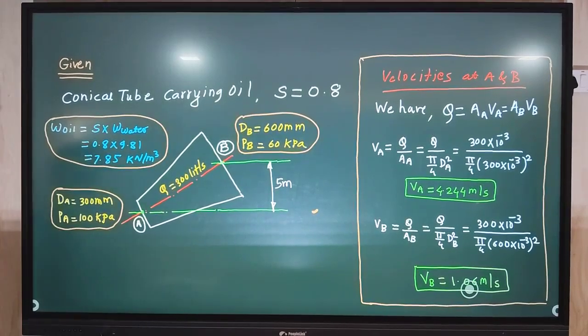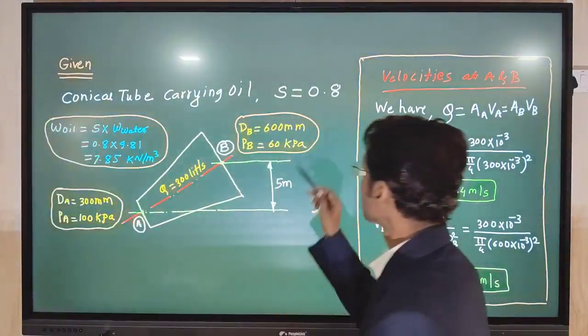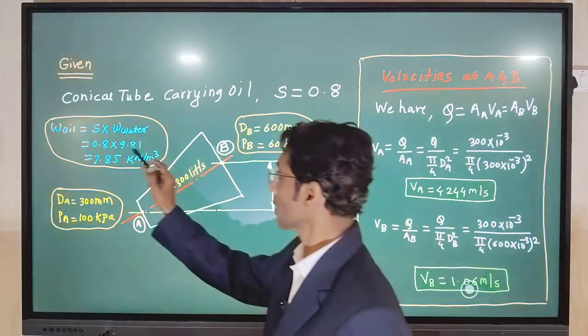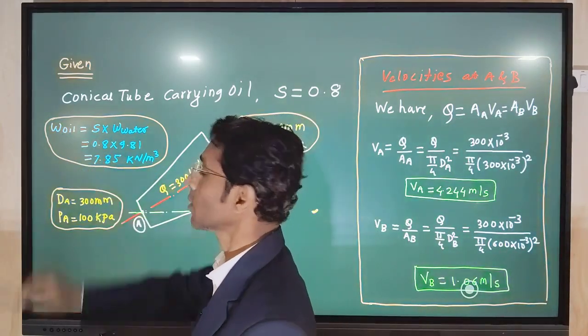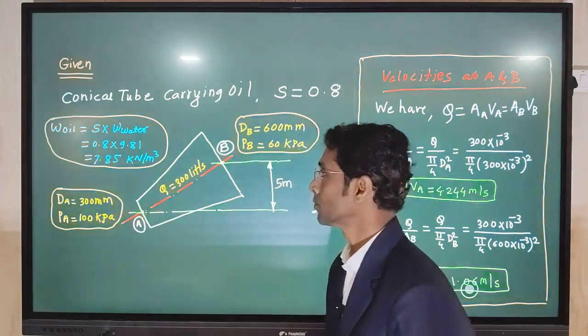So as per the given statement, a conical tube carrying oil, specific gravity 0.8. Here we need to calculate the specific weight of the oil, which is required in Bernoulli's equation.